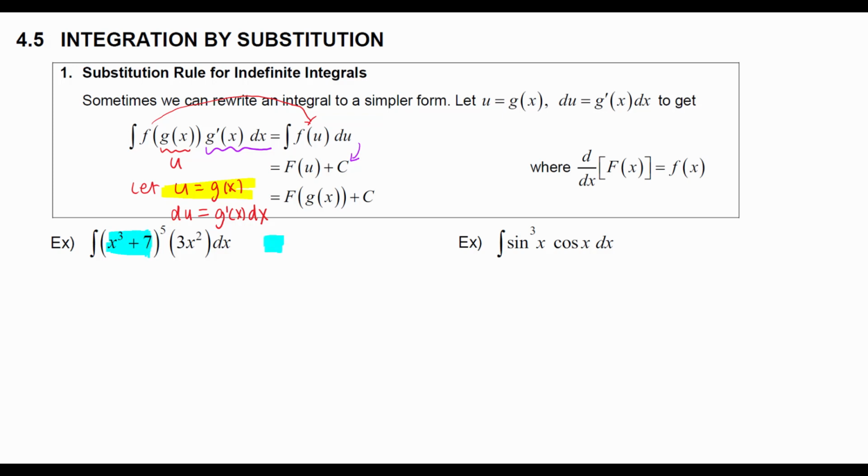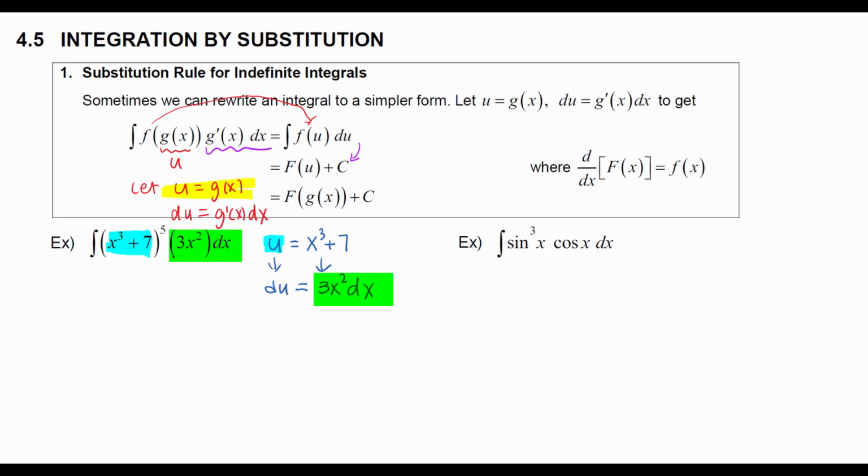So my u is equal to x to the third plus 7. Once you write that, take the derivative of each side. The derivative of u is du, it's a 1 du, which is just du. When you take the derivative of the right hand side, you get 3x squared dx.